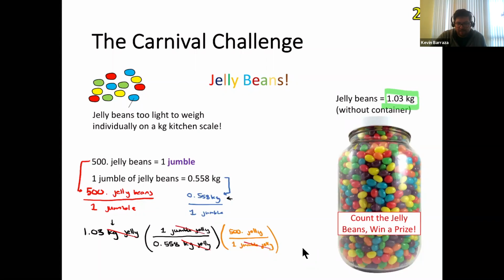That cancels out my grouping. So we plug this into our calculator. I now have the units I desire. This will count individual jelly beans. I end up getting 922 jelly beans.